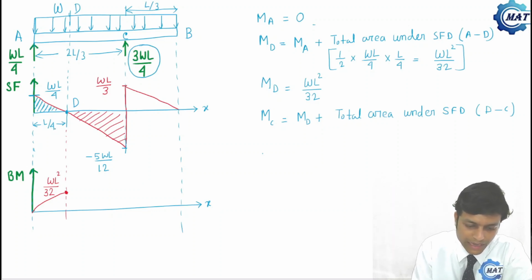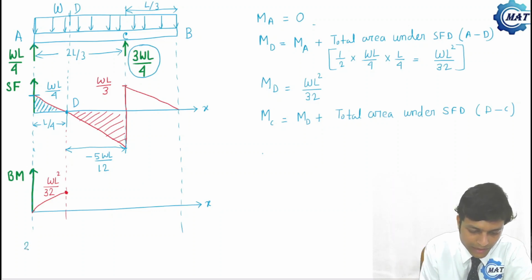If that is L by 4, then what is this length? First calculate this length. This length will be 2L by 3 minus L by 4. Let me calculate it here. 2L by 3 minus L by 4. That is 12.